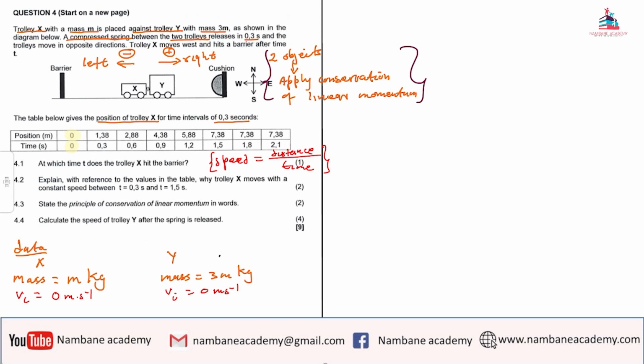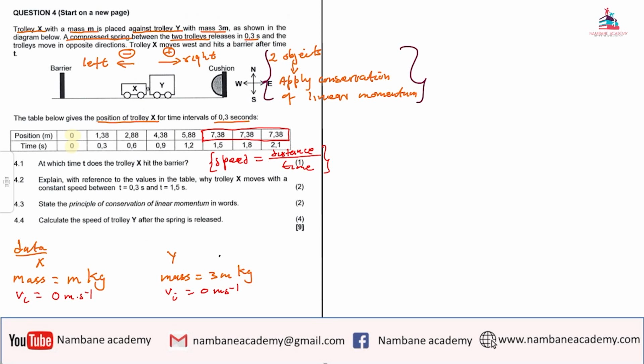But something is happening when I interpret this particular table. The distance covered by X is moving from 1.38, 2.88, 4.38, 5.88, but at this point here, the distance remains the same.